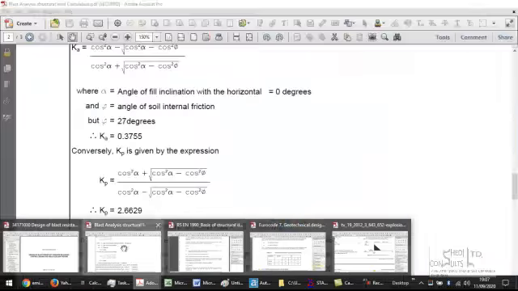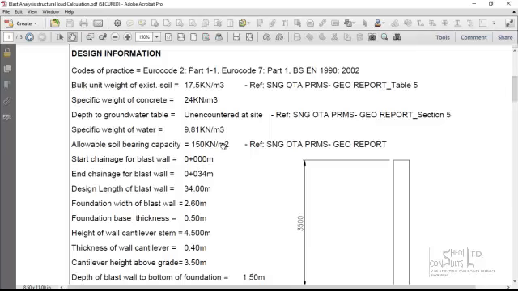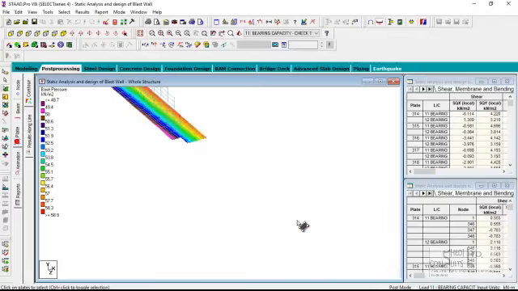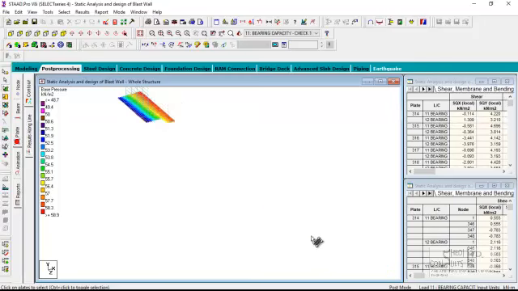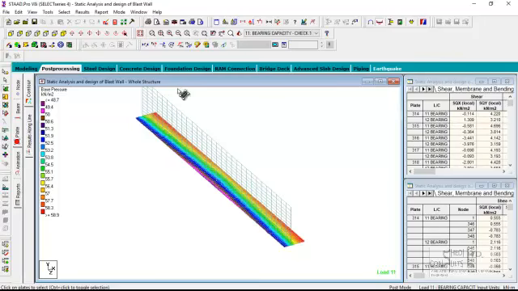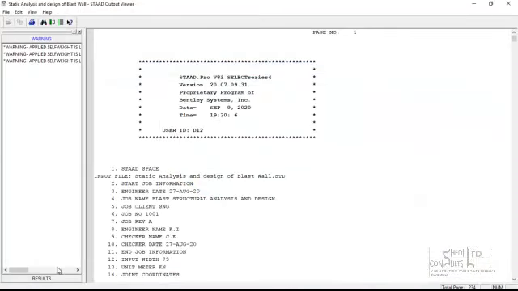The allowable bearing capacity of the soil that was used is 150 kilopascal, and the maximum earth pressure under static design consideration, 58.9, is less than that, so we are okay. If you want to check the structural stability against sliding, let's go to the results.